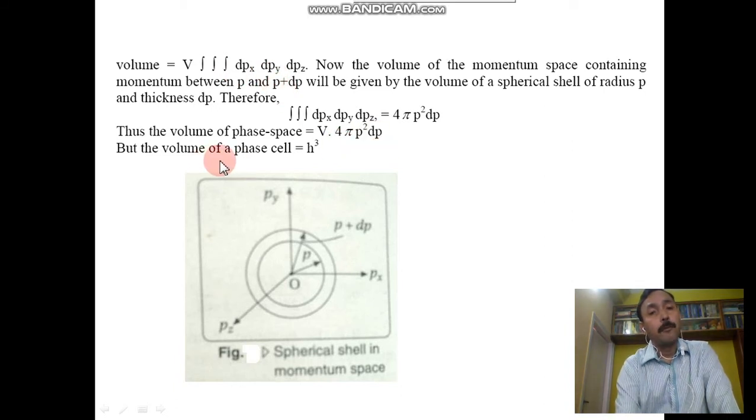But the volume of a phase cell is h cubed. The volume of a unit cell is h cubed. So the number of cells will be this total volume divided by the volume of a unit cell. Then we will find the number of unit cells.